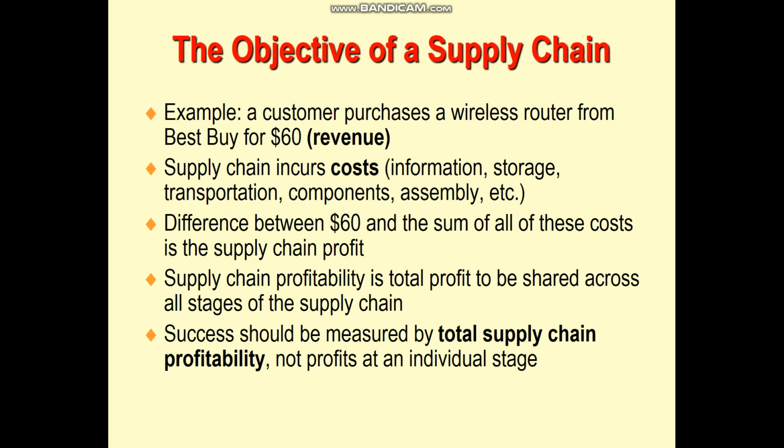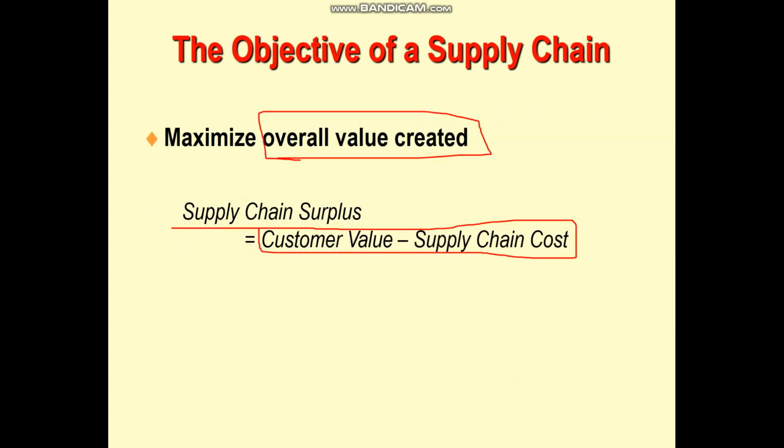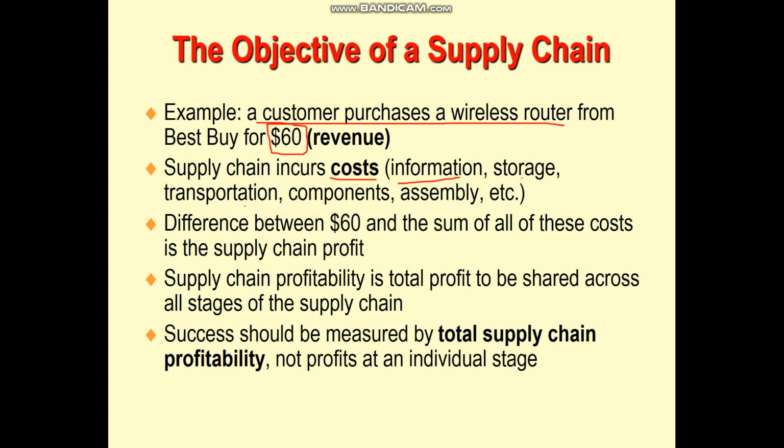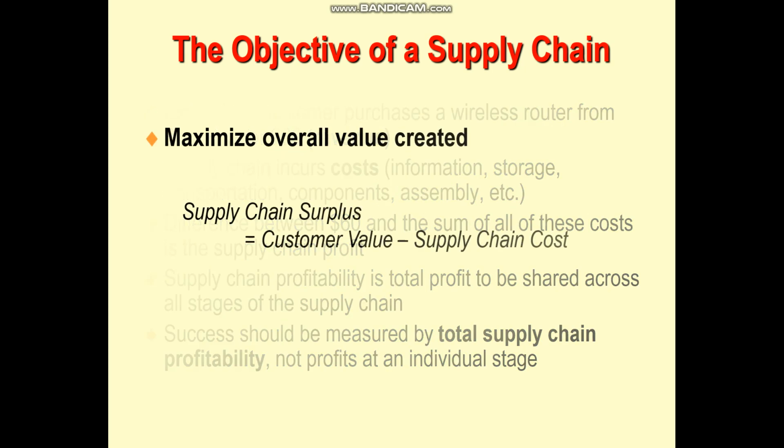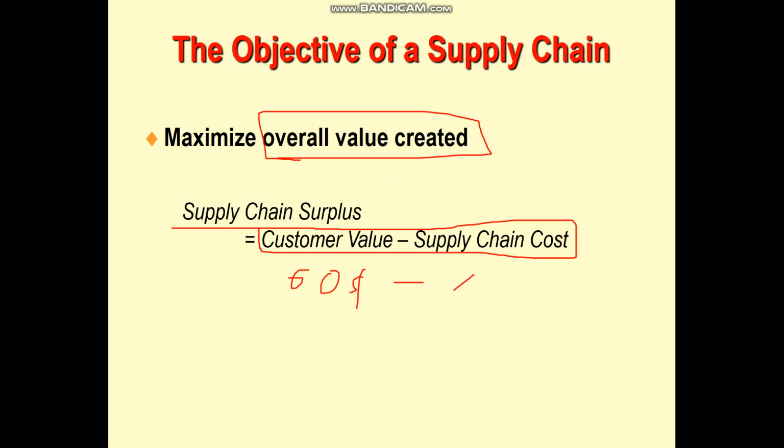So what is customer value? For example, a customer buys a wireless router from Best Buy for $60, and the supply chain incurs costs like information cost, storage cost, transportation cost, and so on. So the customer value here is $60, and the supply chain cost, for example, is $40.